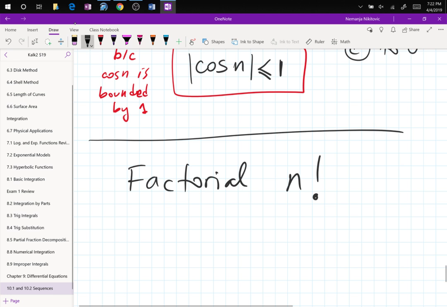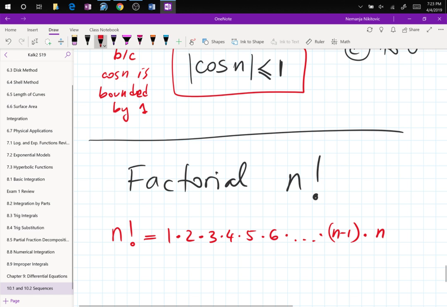All right, guys. So this notation is called n factorial. It's not n, it's n factorial. You got excited, right? So what is n factorial? The definition for n factorial is 1 times 2 times 3 times 4 times 5 times 6 times dot dot dot times n minus 1 times n.